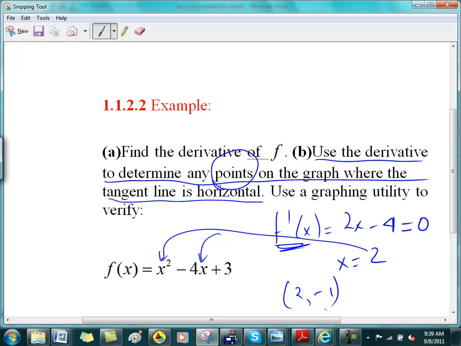Okay. All right. What I want you to do is take your graphing calculator out, graph this beast here. And then tell me where you think the tangent is going to be horizontal. Once you visualize that on your graphing calculator, find out the x and y coordinates of that point.